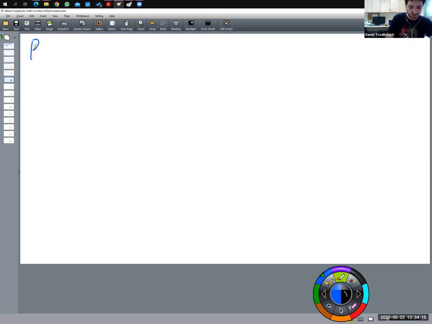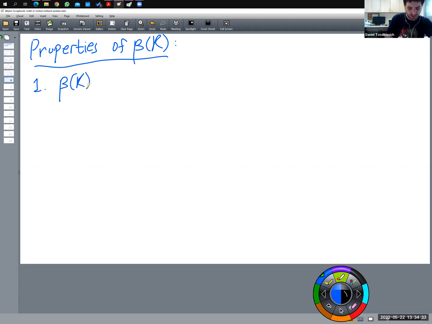The properties of beta K that I'd like to show you are, first of all, just like in the Santalo inequality, an upper bound: the billiard product of a ball, and this is 16. This is true in general dimension.